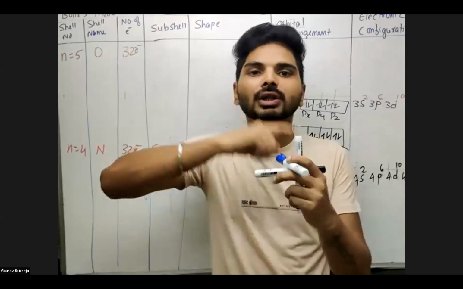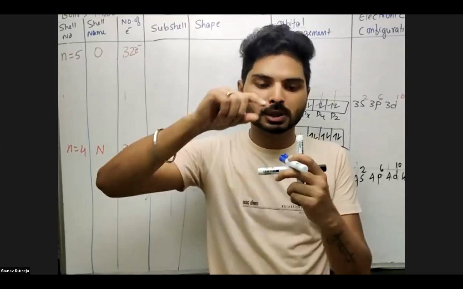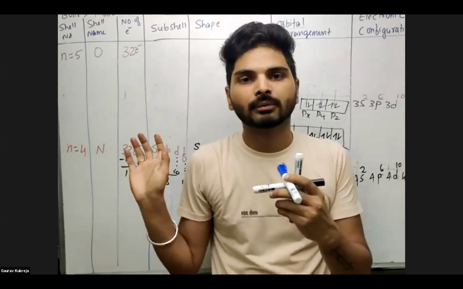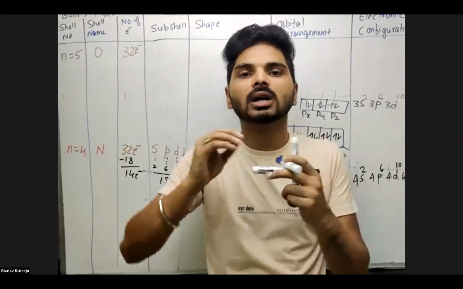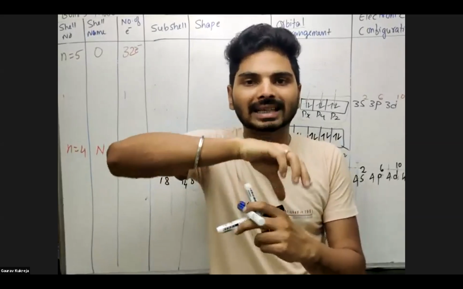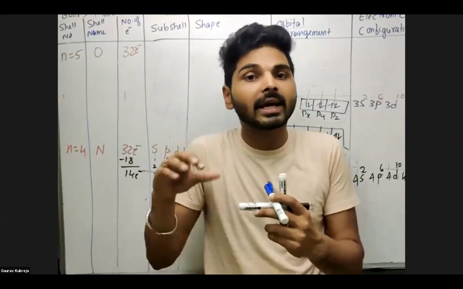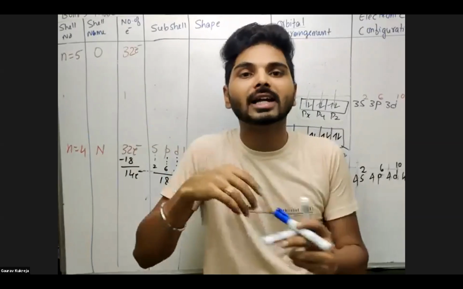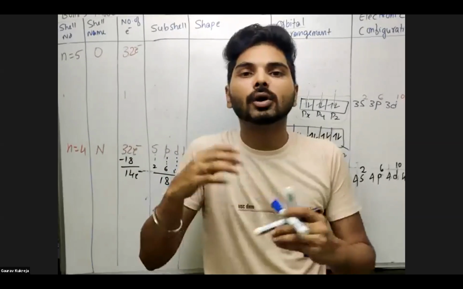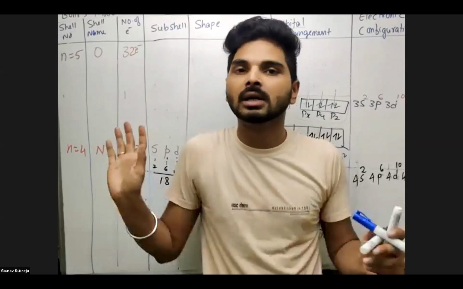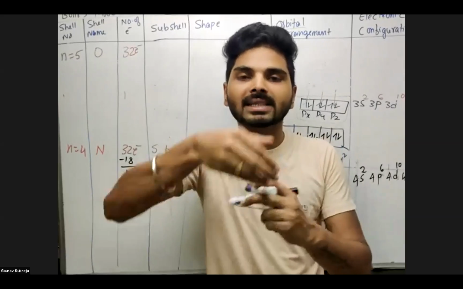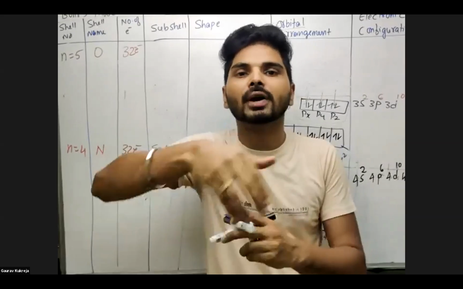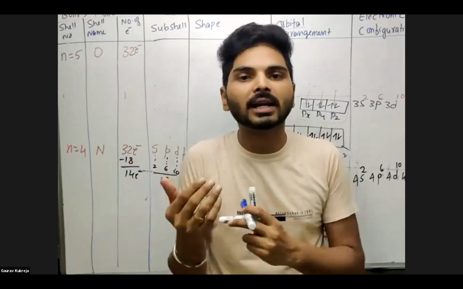To show the revolution, the space is not available. So maximum you can fill 32 electrons around the nucleus in that particular shell, after making sure that there is no repulsion and no extra electron showing repulsion. So you have to pair them, okay, 2 electrons together, and you have to place them in different axes or different planes, so that they are not repelling each other.